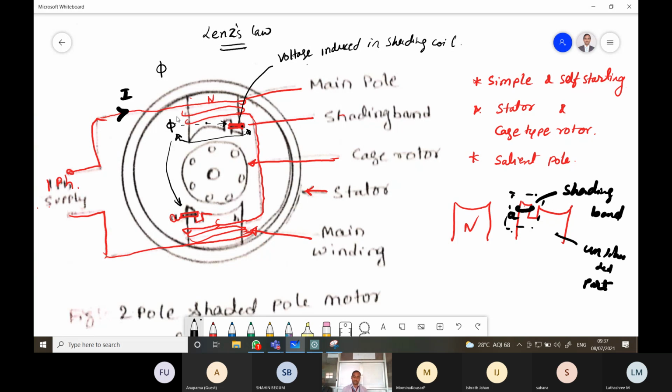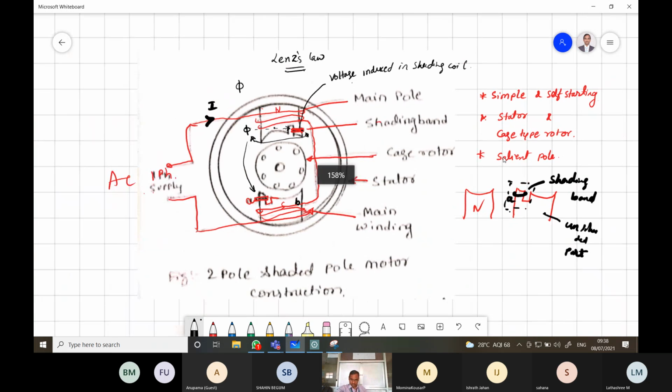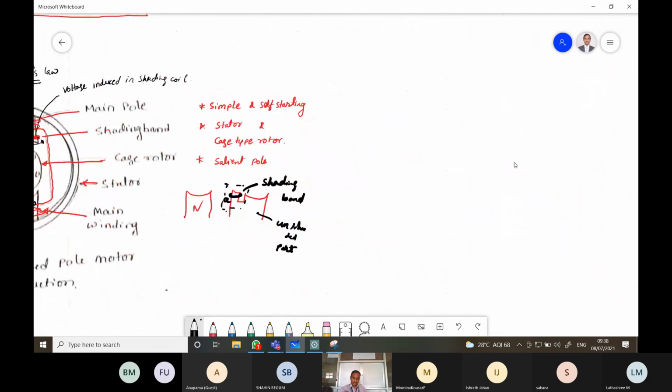Therefore, the shading coil causes the flux in the shading portion, that is portion A, to lag behind the flux of the unshaded portion B. There are two portions: A is the shaded portion and B is the unshaded portion.